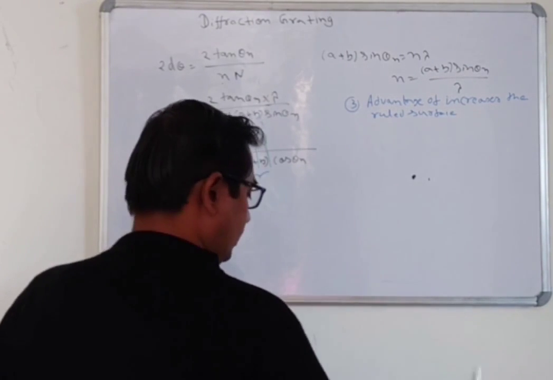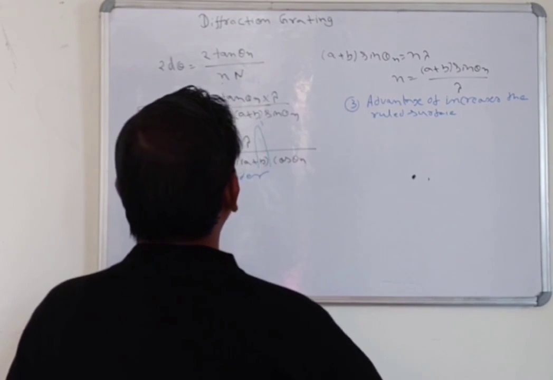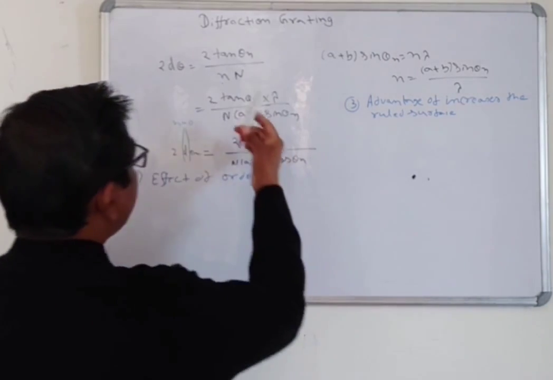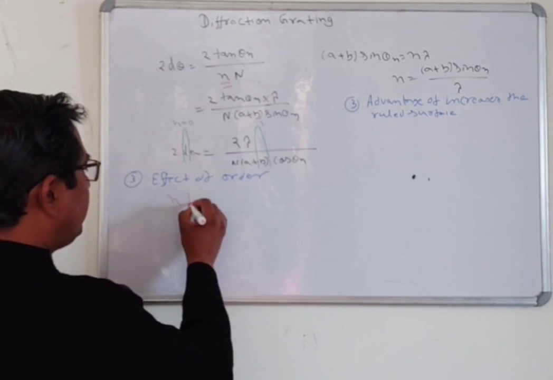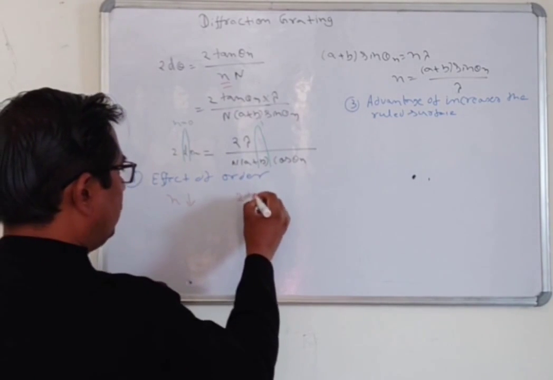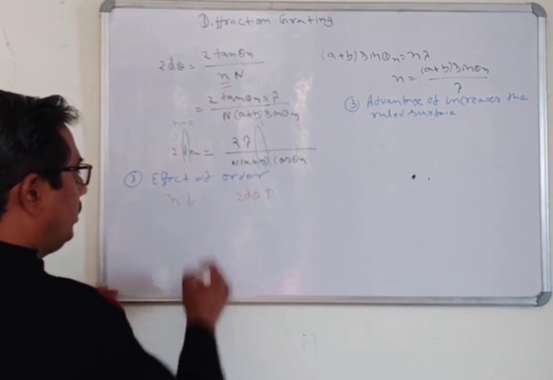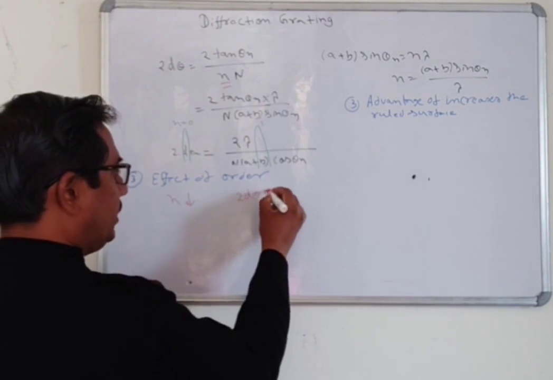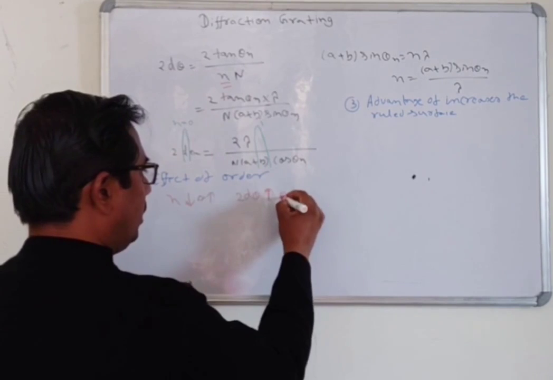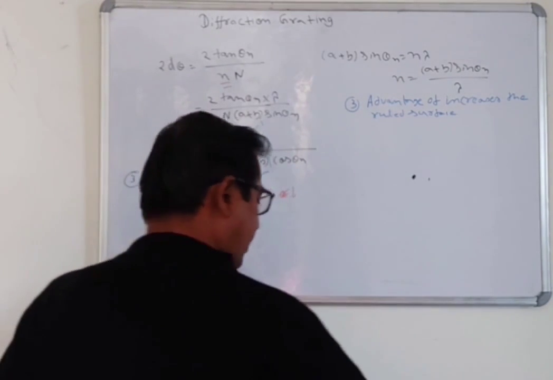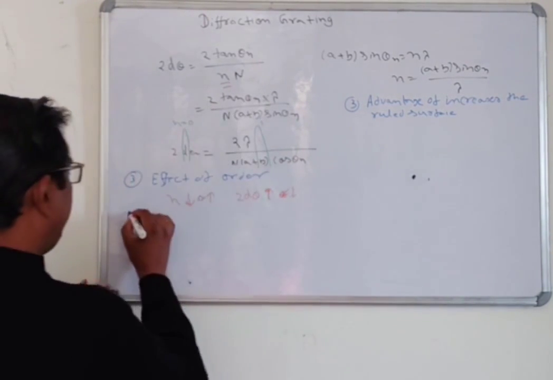Here you can see the width is inversely proportional to the order. It means that as the order decreases, the width increases, and vice versa. As the order increases, the width decreases. Now the effect of wavelength.